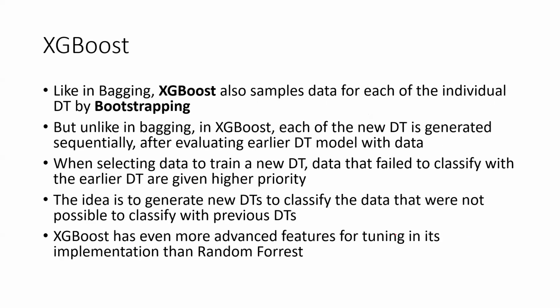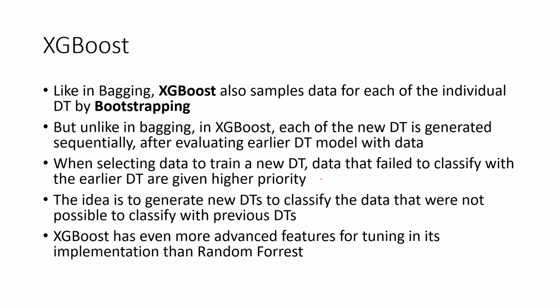So just look at how XGBoost works, which is one of the currently widely used techniques, right? In XGBoost, bootstrapping is used, and each of the decision trees is generated sequentially. Once a single decision tree is trained, you find which data points the decision tree is failing on, right?